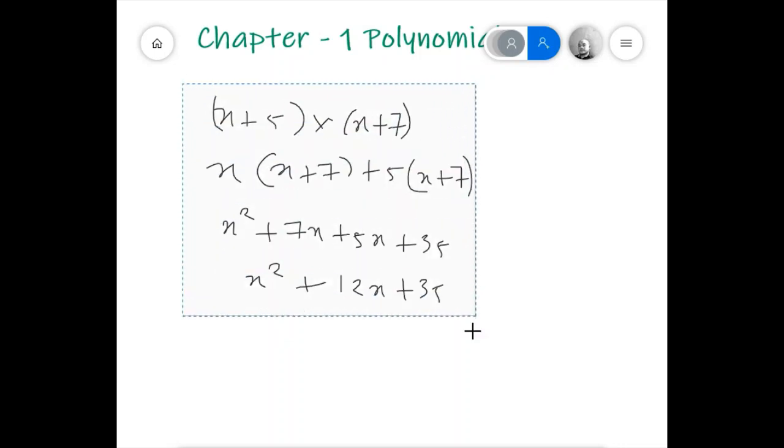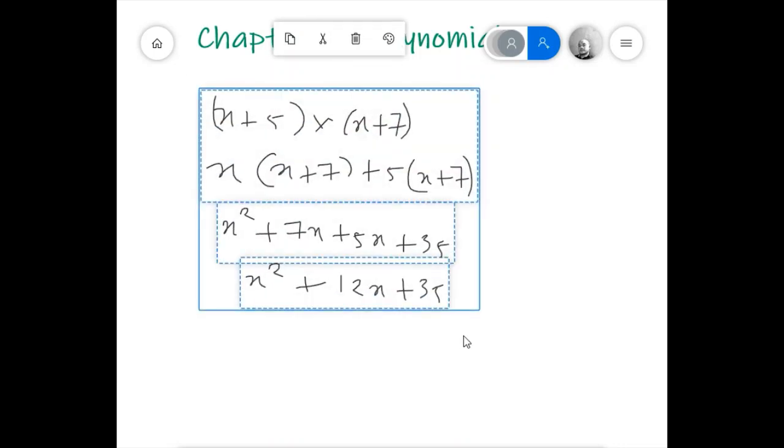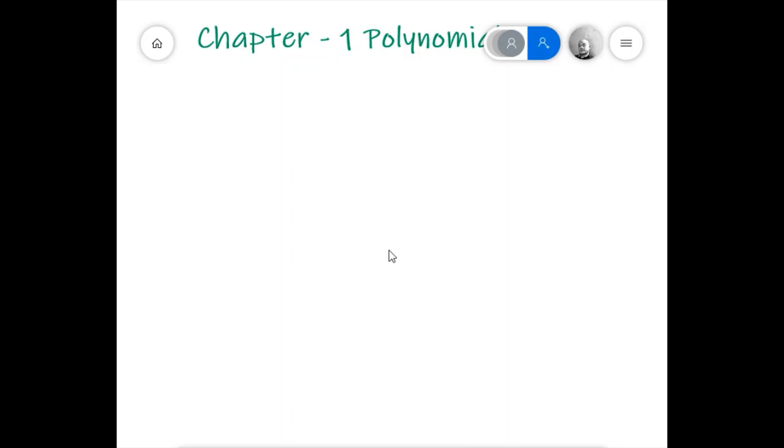Let us see some of the situations. Suppose a car is traveling a distance of x kilometers, and the time taken will be, suppose, 4 hours.